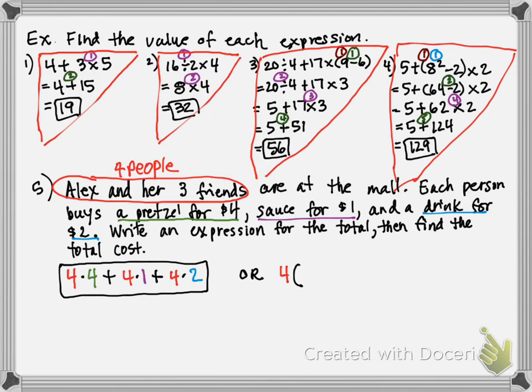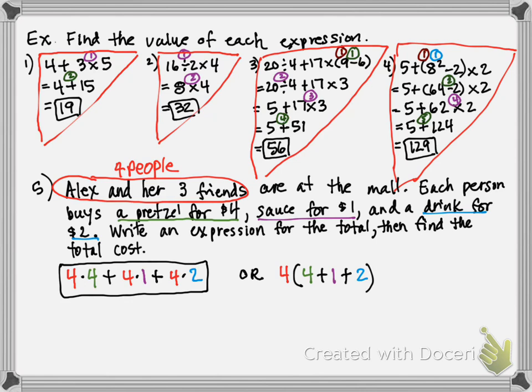So I've got $4 for the pretzel, plus $1 for the sauce, plus $2 for the drink. So what's in the parentheses is how much it costs for one person, and then I multiply by how many people are getting that.